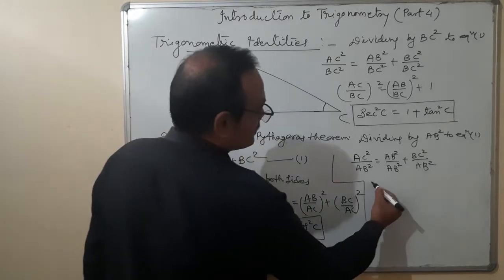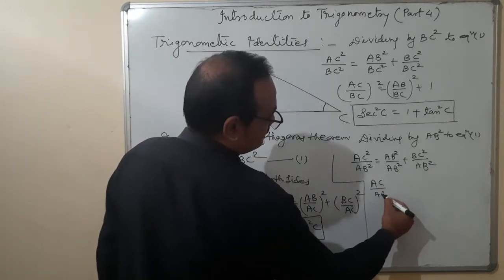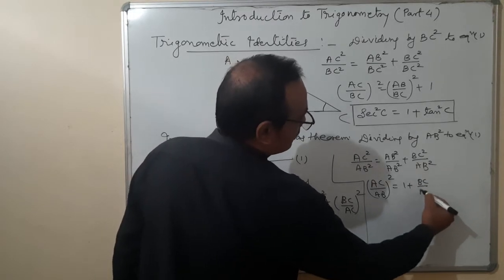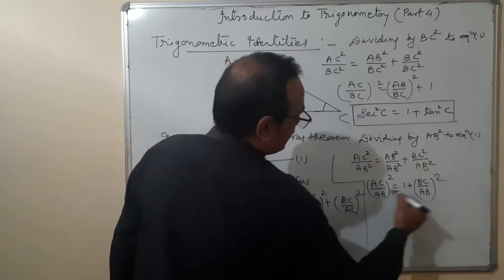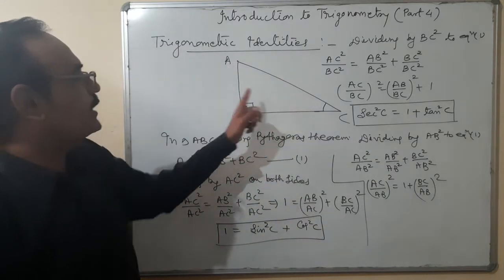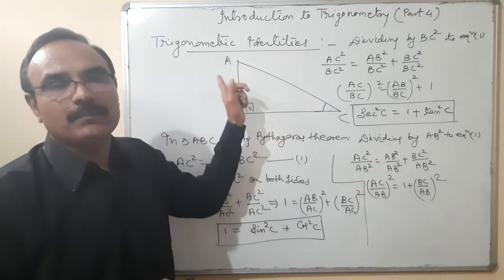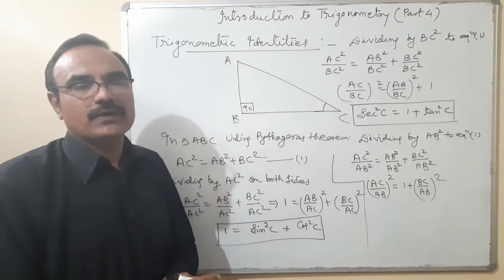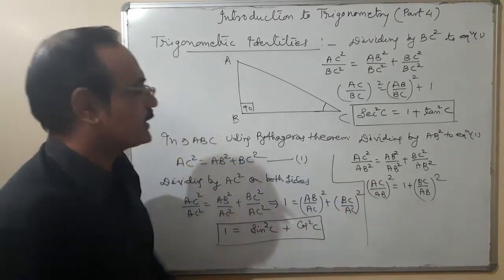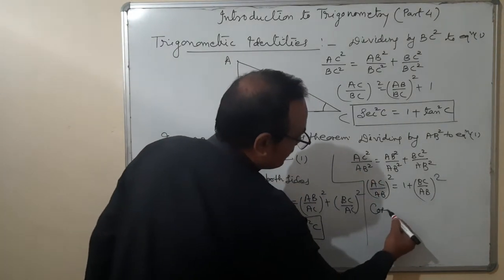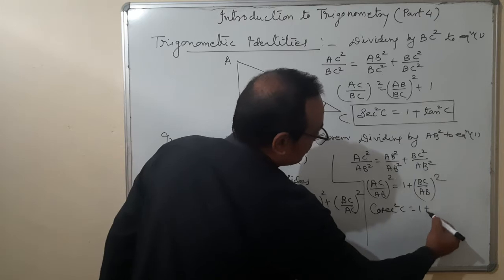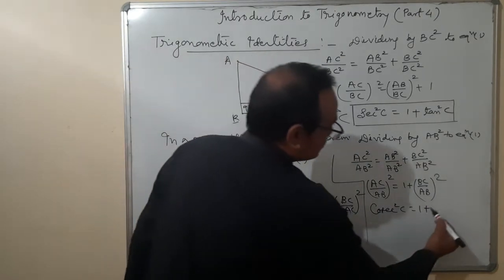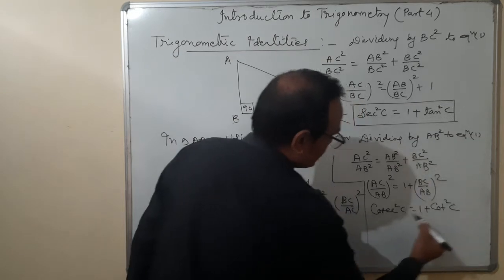AC upon AB whole square is equal to 1 plus BC upon AB whole square. AC upon AB is hypotenuse upon perpendicular, H upon P. Perpendicular upon hypotenuse is sine, and the reciprocal of sine is cosec. So this is cosec square C is equal to 1 plus BC upon AB, base upon perpendicular, that is cot square C.